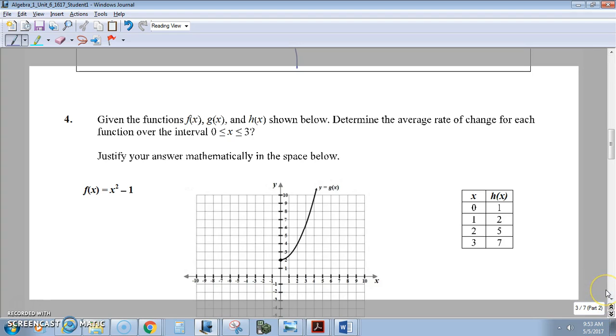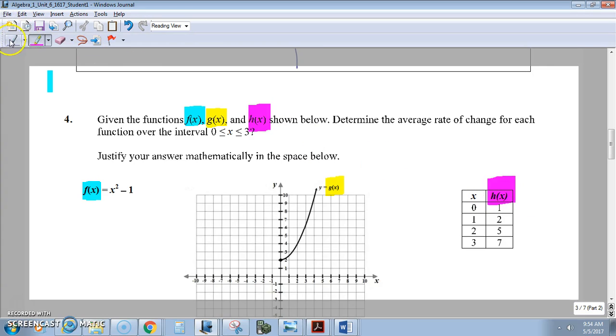All right, you guys, question number 4. Given the functions, let's see, I'll read it and I'll highlight. f of x is the first one, then g of x is the graph, and these are different functions, and h of x, that's the table, okay?